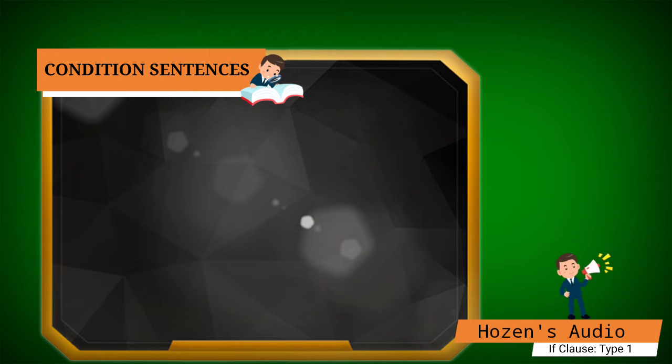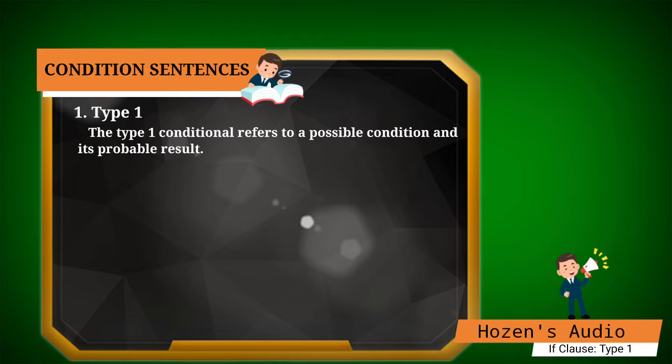But now I will just explain to you about type 1. Okay, for type 1, conditional sentences refer to a possible condition and its probable result.